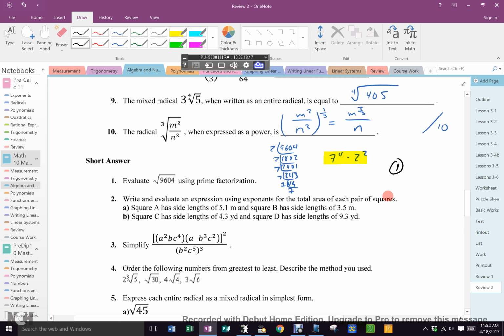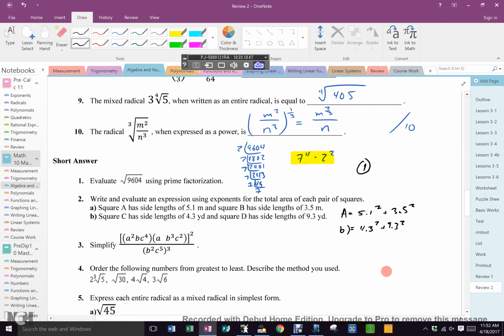Write and evaluate an expression for the area of each square. So A equals 5.1 squared plus 3.5 squared. And for B, 4.3 squared plus 9.3 squared. And then you just added them up.